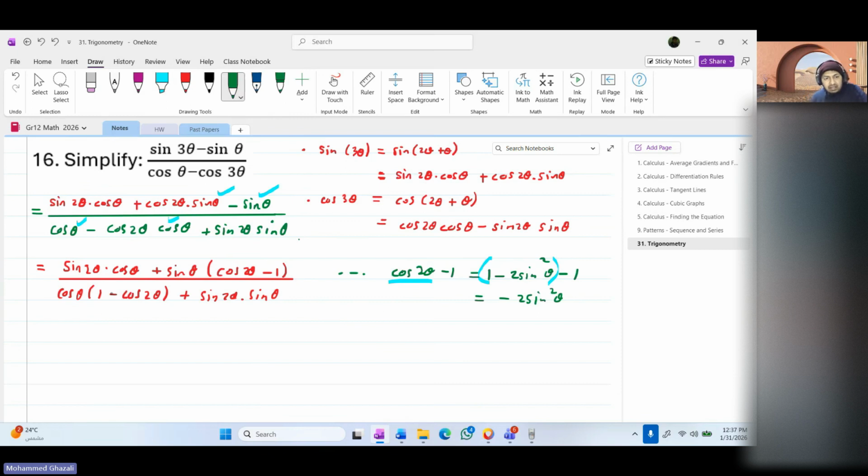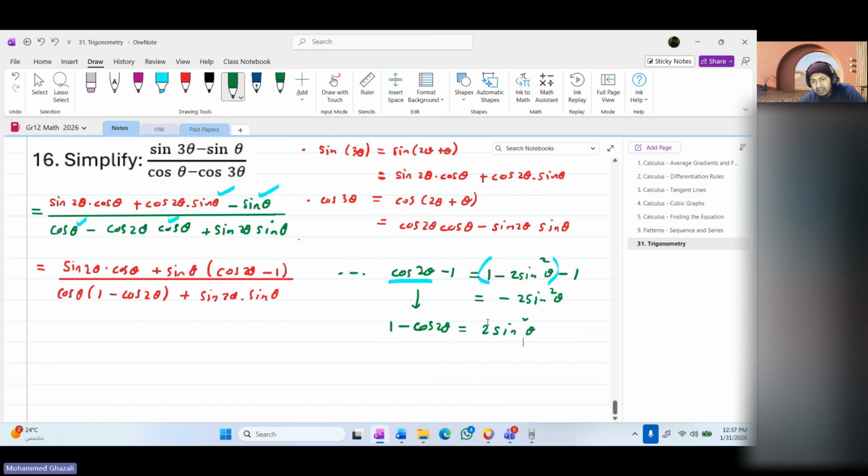And similarly, 1 minus cos 2 theta. 1 minus cos 2 theta is the same thing as saying taking out a negative, so it can't be a negative answer. It will be the answer with sine squared theta.